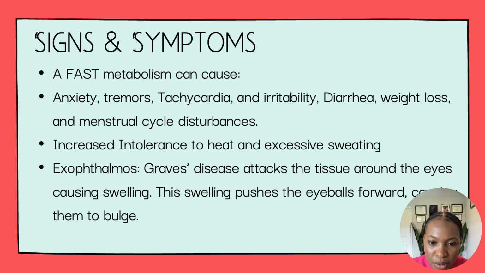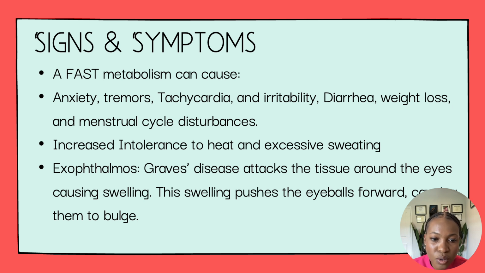Anxiety, tremors, tachycardia, and irritability, right? Everything is go, go, go. So the body is moving very fast. And so it also causes diarrhea. Diarrhea, you're losing lots of fluid, you're metabolizing nutrients and everything too quickly, it would lead to weight loss. And then it can also lead to menstrual cycle disturbances as well.